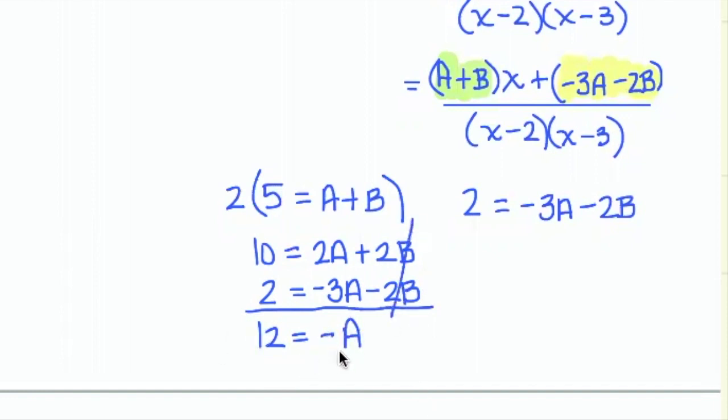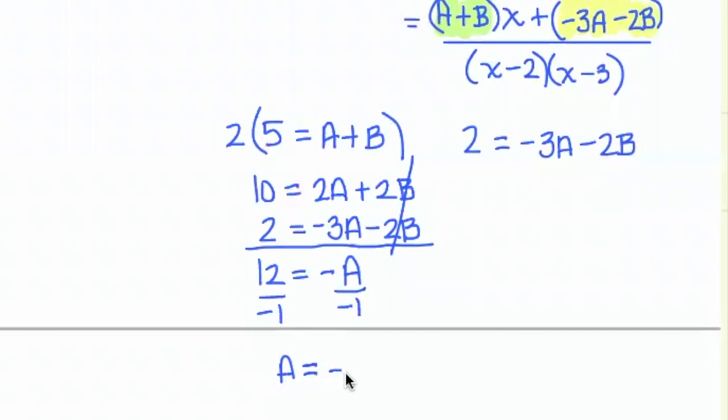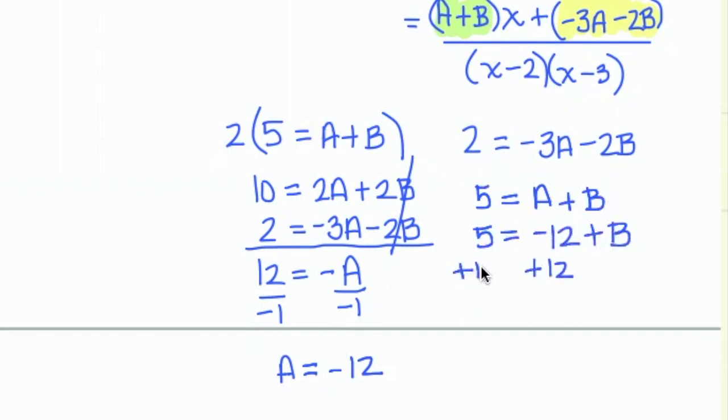I would finish getting A by itself by dividing off that negative 1, and I learned that A should be negative 12. Now I can go back to either equation. I like the nice easy one I started with, the 5 equals A plus B, substitute the A value, and I can find out what B must be equal to.